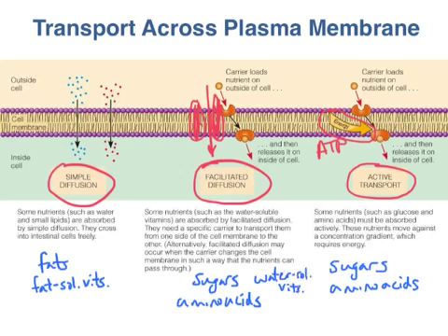The one exception is B12. B12 needs to bind to intrinsic factor from the stomach, and then that B12 intrinsic factor complex is taken up by active transport. The minerals are primarily taken up by either facilitated diffusion or active transport, depending on the mineral.